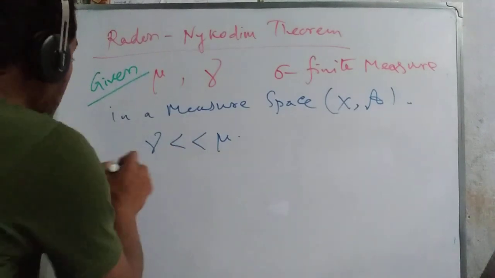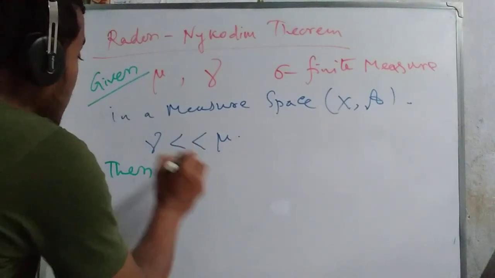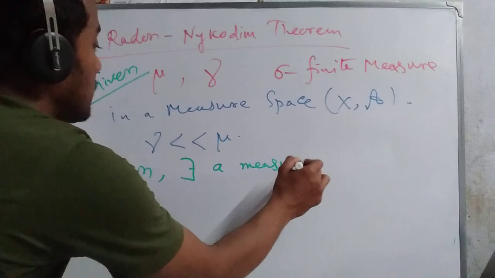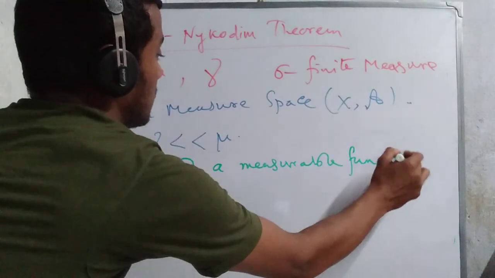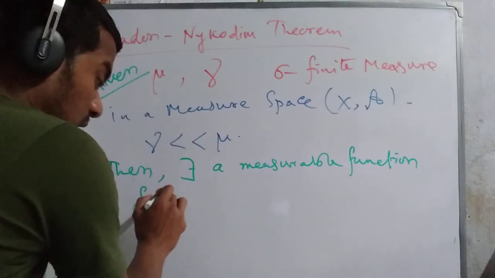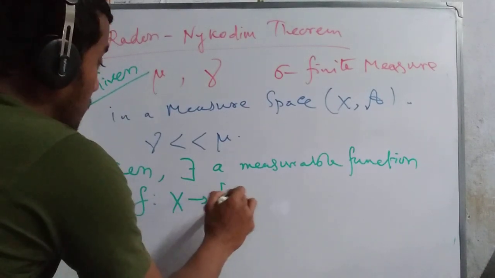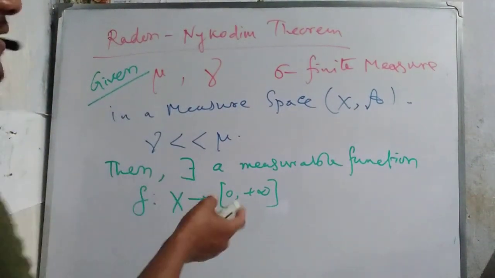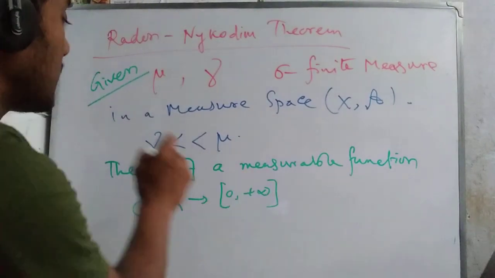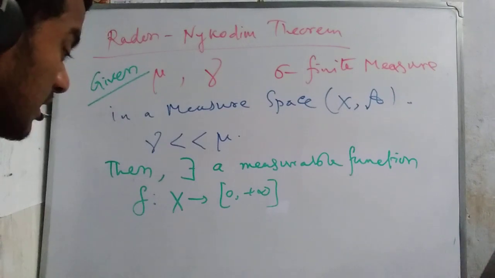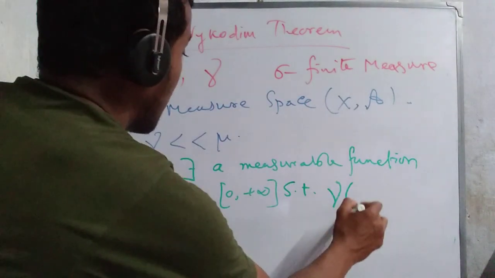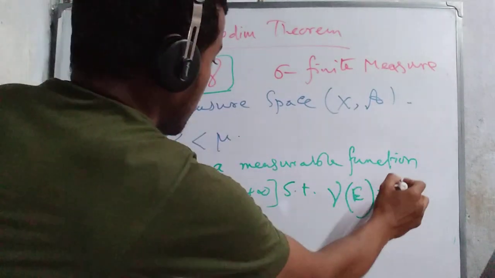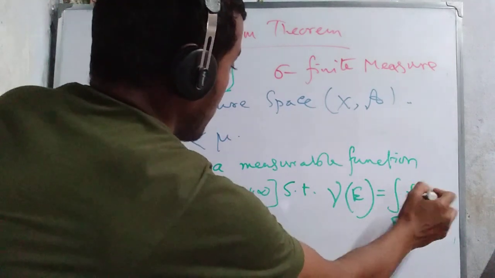And what do we obtain now? Then there exists a measurable function. Measurable function, we know about that, I think. f from X to 0 to plus infinity, that means a measurable real valued function, obviously a positive valued function, including zero. Okay, then we obtain that gamma of E equals the integration over E of f d mu.